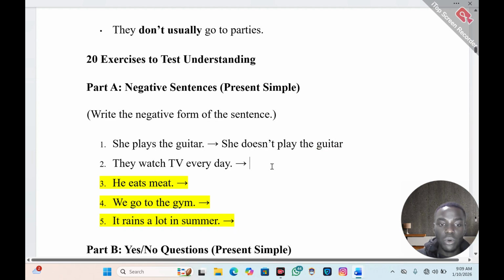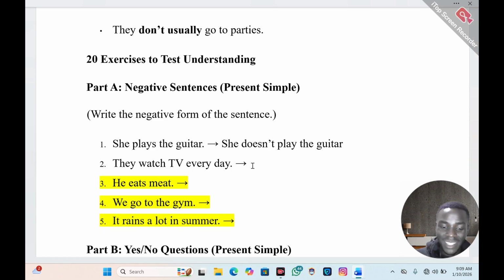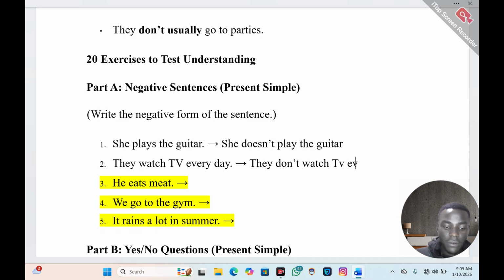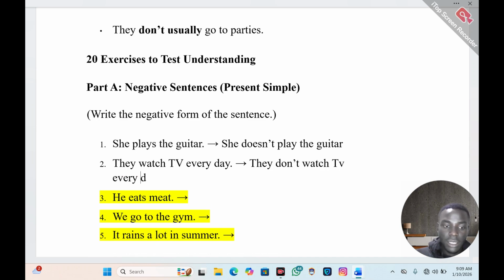Now, they watch TV every day. In negative form, we can say they don't, or they do not, they don't watch TV every day, like this.